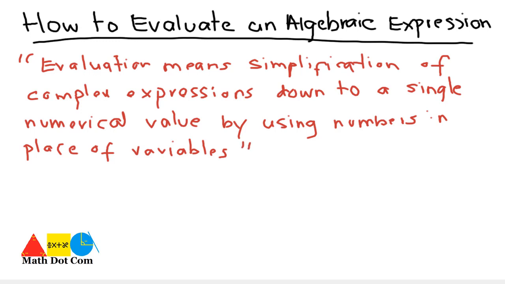So this is how evaluation is defined: it is the simplification of a complex expression into a single numerical value by replacing the variables in an expression by constants or numbers.